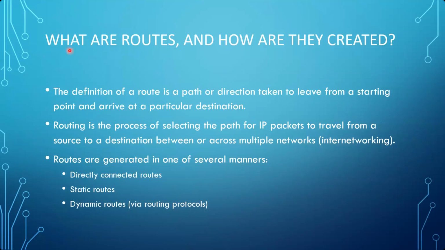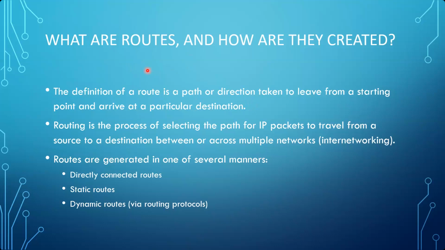All right. So what are routes and how are they created? So we talked about what routers are, but we really haven't talked about what routes are within routers. So essentially, a route is nothing more than a path or direction that is taken to leave from some starting point and arrive at a particular destination, just like the definition says here. Wait a minute, I've heard the word route somewhere else.